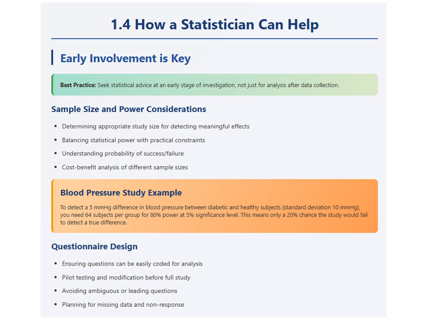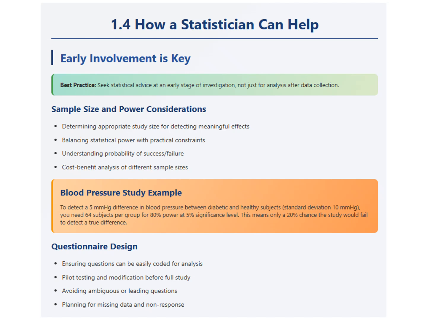This is called a sample size calculation, and it's one of the most important things a statistician can help with. Using statistical formulas, we can calculate that you need 64 subjects in each group, so 128 total subjects, to have an 80% chance of detecting a true 5 millimeter of mercury difference.